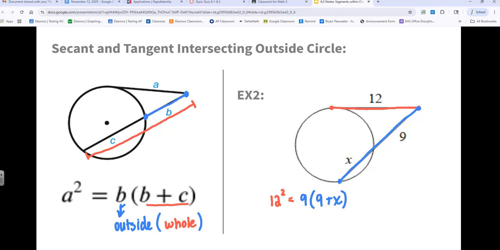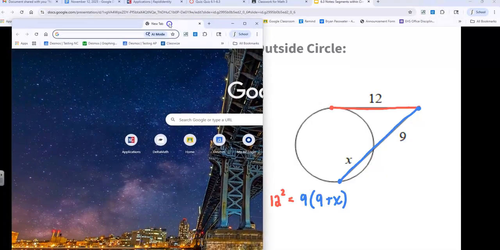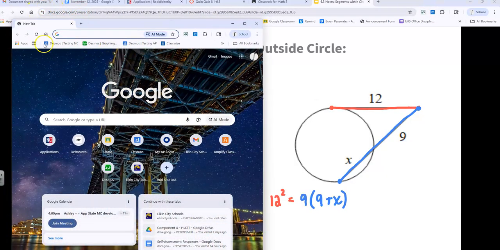Now, I am going to solve this by hand because it's not that hard to solve by hand, but let me just remind you about solving this with Desmos. Because some of you panic whenever the equations get a little bit bigger, but we can solve this with Desmos.